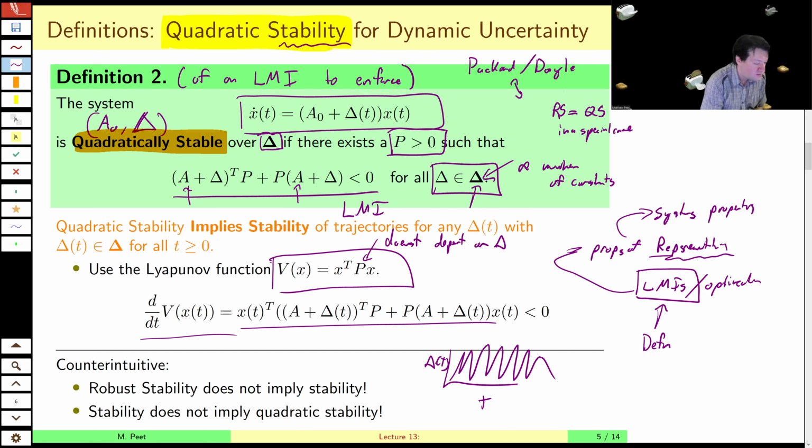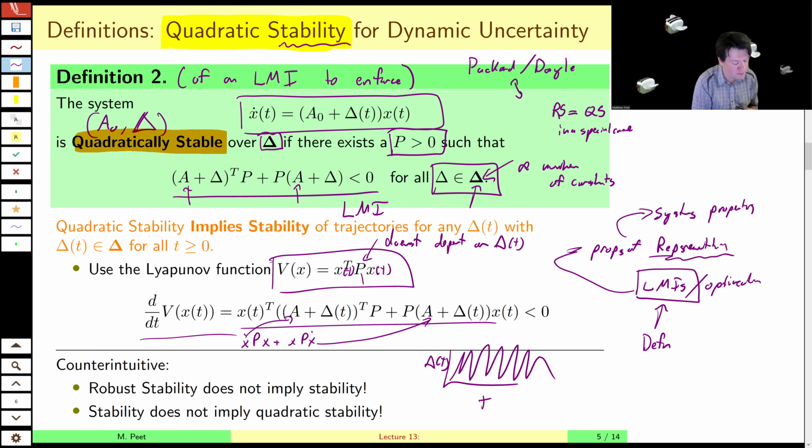So you just take the time derivative, right? And because P doesn't depend on time, we just get our x dot terms, right? And we just plug in for x dot, that goes there, that part goes. Got the right sides there.